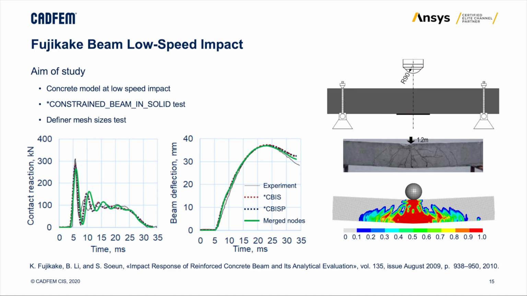In the original paper you can find 16 experiments. We took 4 from this list with maximal deflection and maximal damage. With these 4 tests we studied such features as mesh influence, the work of constrained beam in solid, and the ability to correctly describe beam deflection and contact force.